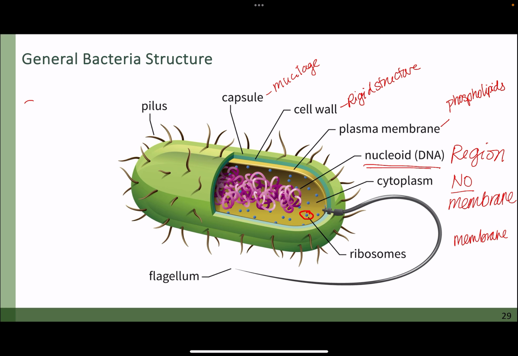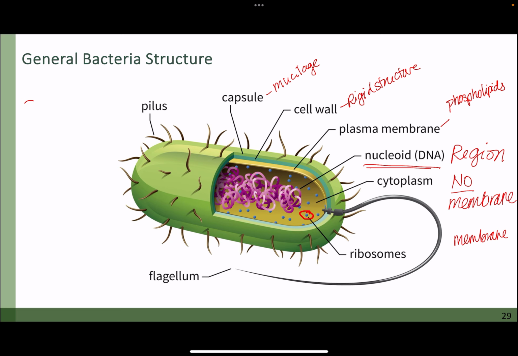Bacteria may also have pili that help them move, kind of like cilia, if you remember cilia from eukaryotic cells in biology 101. But the pilus usually has some sort of specific purpose, not necessarily related to movement, although it can be. And then many have a flagellum. This is to help with movement.